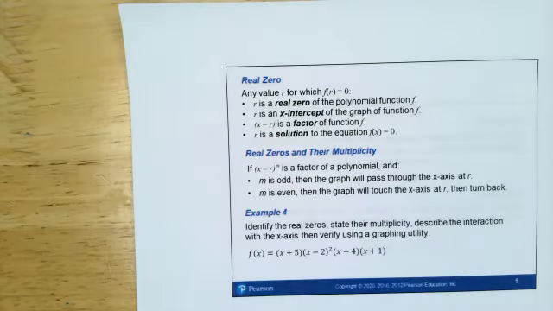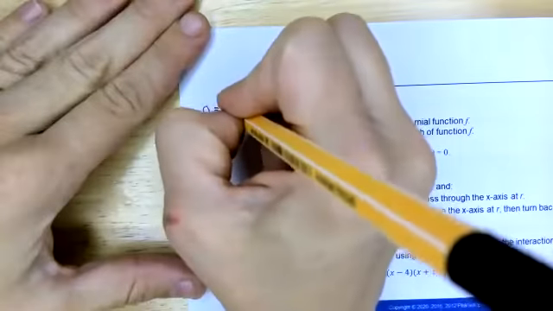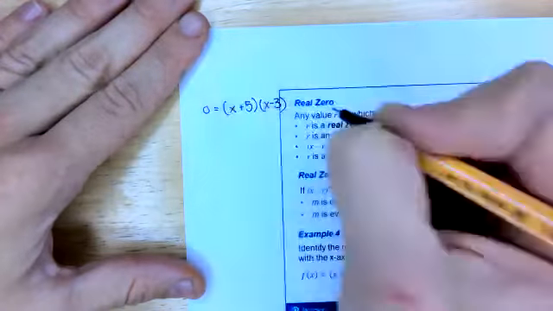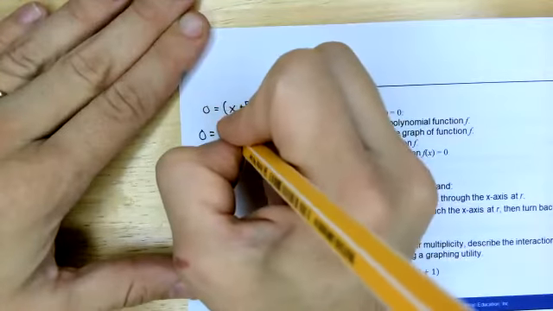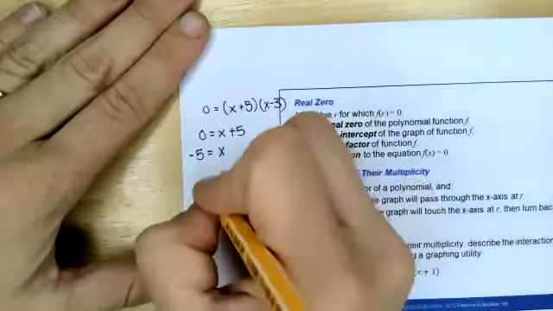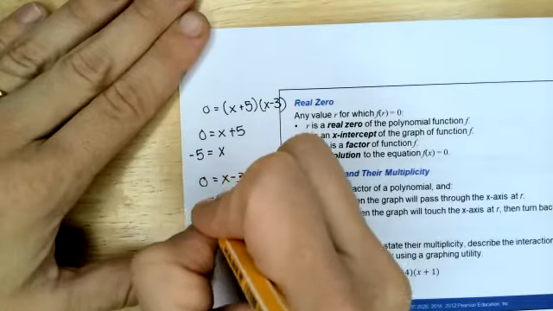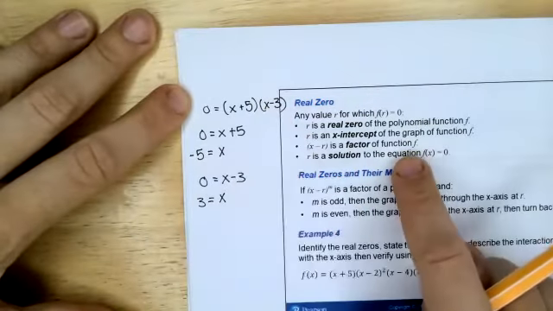So just like if we had 0 equals x plus 5 times x minus 3, we could solve that and say 0 equals x plus 5, so x is -5, right? 0 equals x minus 3, so x is +3, right? So those factors are how you find x.